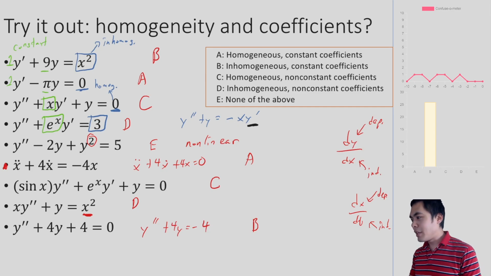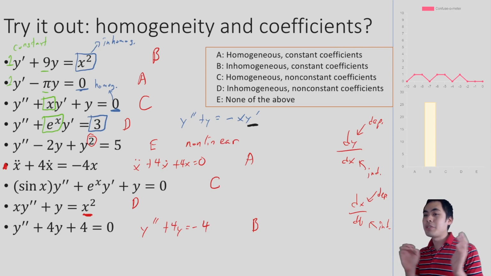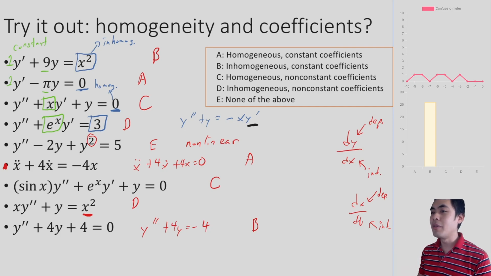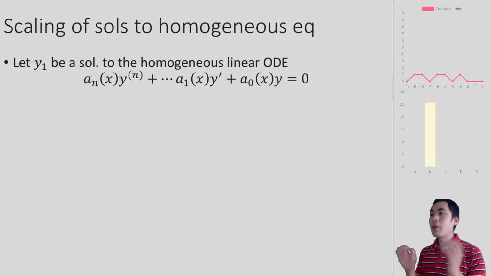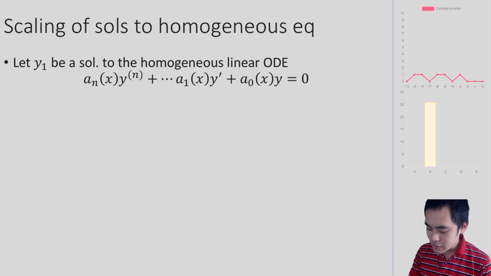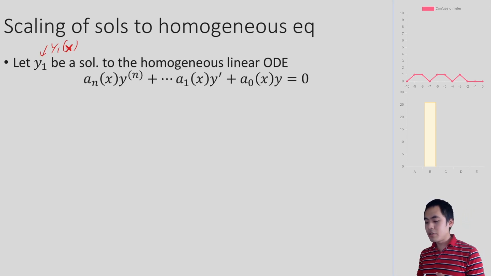Okay, so now that we've spent a lot of time on that, let's go on to talking about some of the solutions to these equations. The first thing I'm going to do is not actually solve it. I'm going to give you a property of solutions to these equations. Suppose you have some y1, which is a function of x, and it is a solution to the homogeneous linear ODE with these non-constant coefficients.